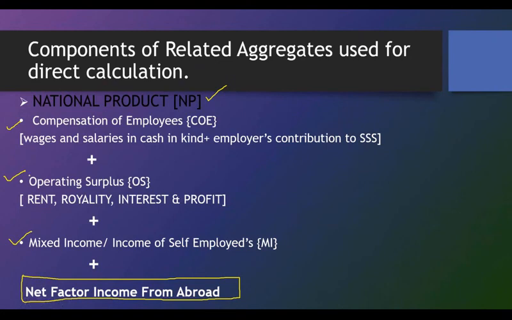So the components of NP are COE, OS, MI, along with NFIA, net factor income from abroad, because NP is the broader concept and includes NFIA. So these four items lead to NP. These were the components of the related aggregate.